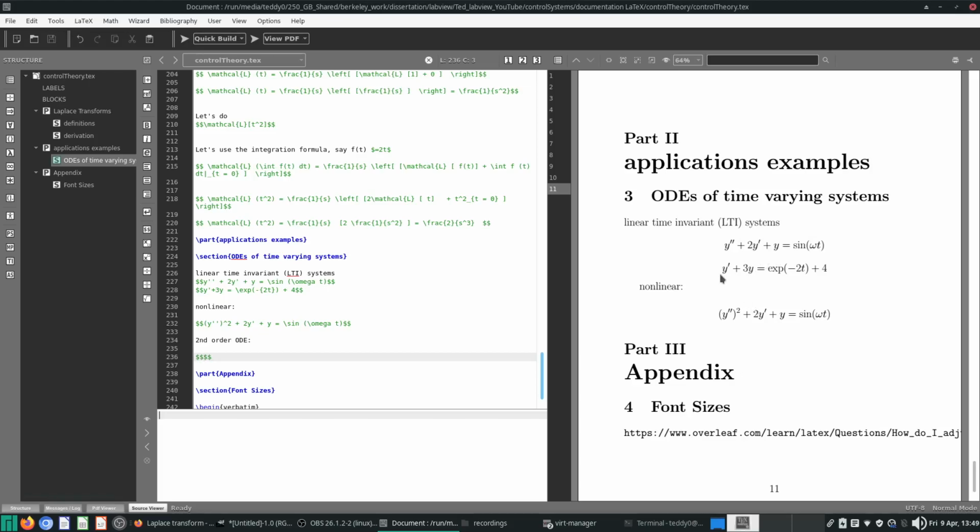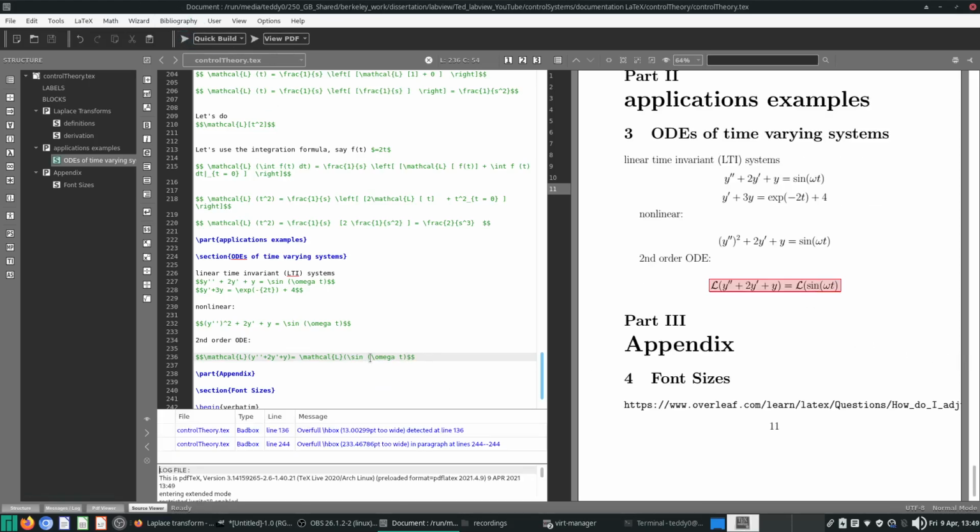First step, take the Laplace transform of the ODE: the Laplace transform of y double prime plus 2y prime plus y equals the Laplace transform of sine omega t. The good thing about sine omega t is that we already derived its Laplace transform.